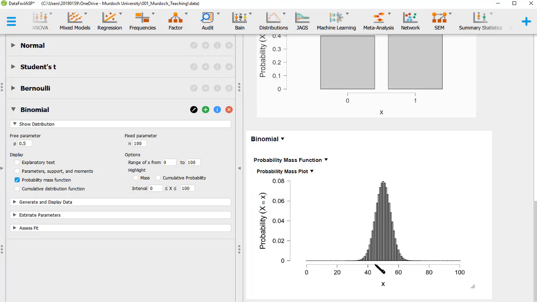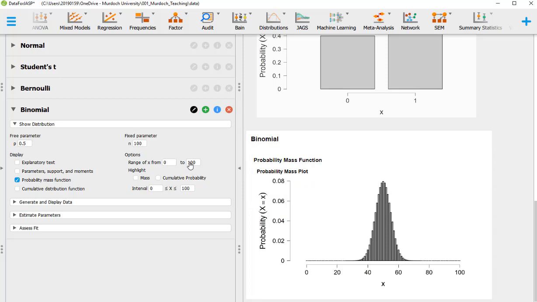Of course, it's still a discrete distribution because you've got discrete values. But if you keep adding discrete values, it becomes closer and closer to a continuous distribution. And if you compare the binomial with the normal distribution, you'll see that they are very similar the more values you add to a binomial distribution.